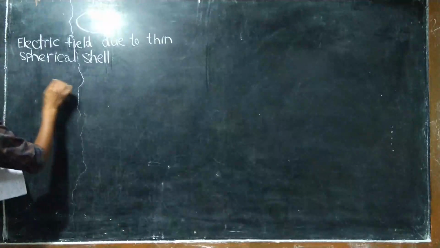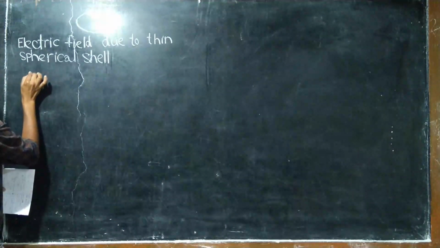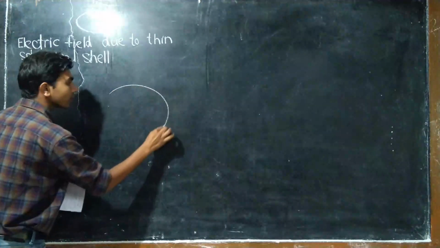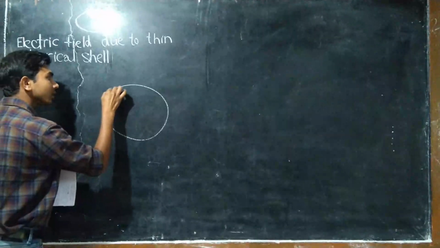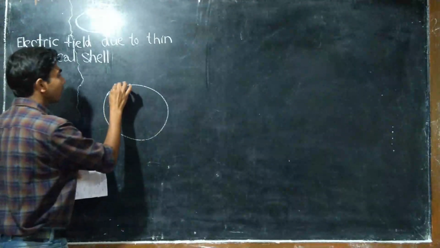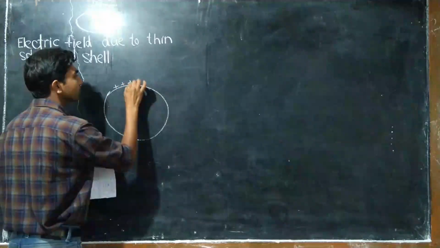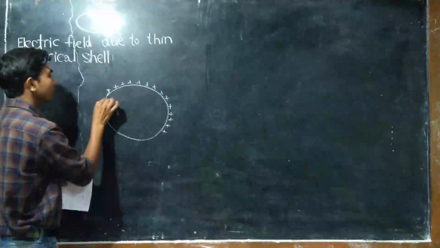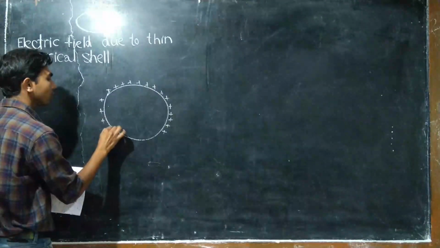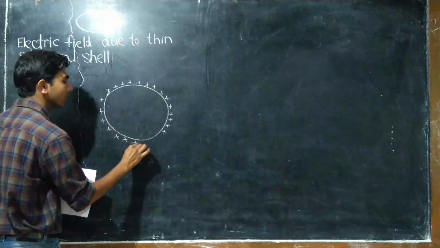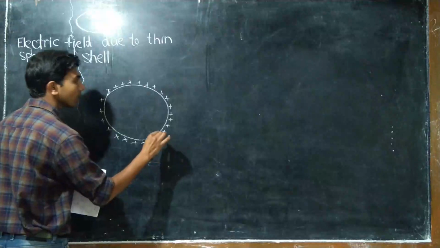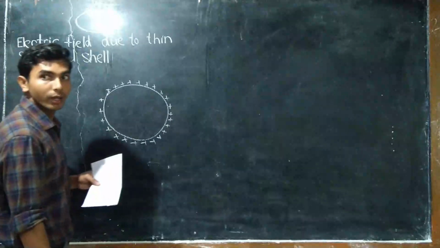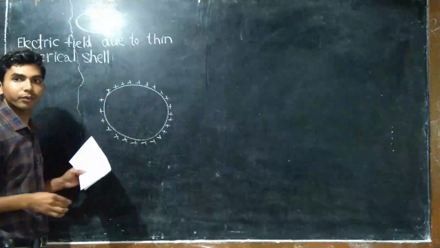So consider, this is your thin spherical cell, and charge is distributed over this thin spherical cell. We have to find the electric field due to this cell.